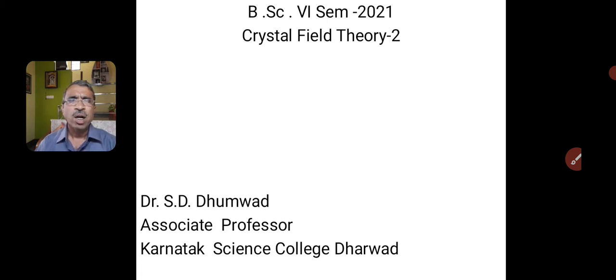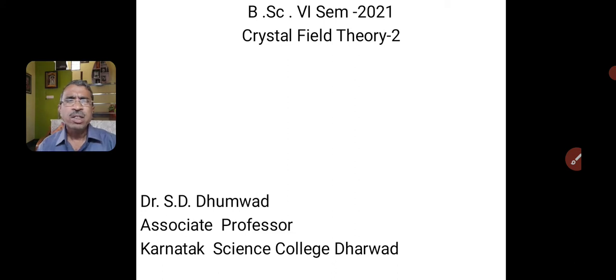The orbitals in between the axes are called T2G orbitals, and the orbitals along the axis, that is dx square minus y square and dz square, are called EG orbitals. The difference in energy between the two is called delta or 10 dq.